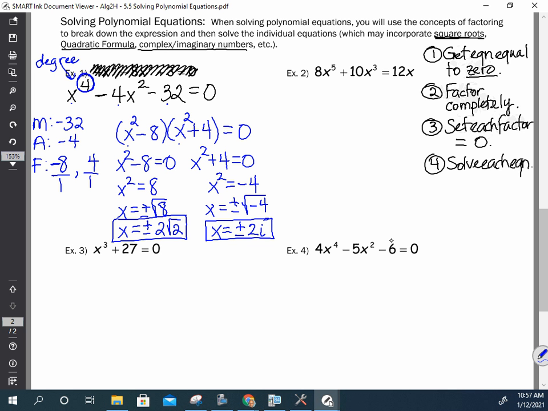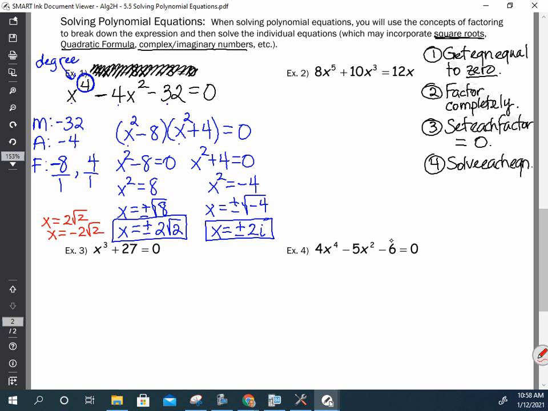Remember I said at the start of the problem, since your degree was 4, you needed 4 answers. There's your 4 answers. Plus or minus means x equals 2 square root of 2. x equals negative 2 square root of 2.